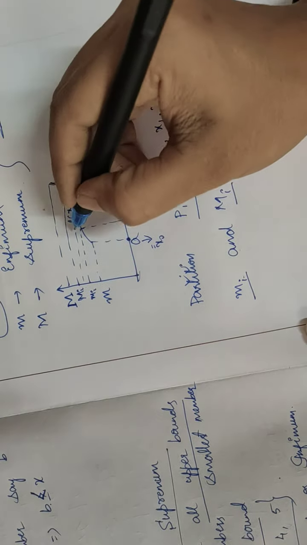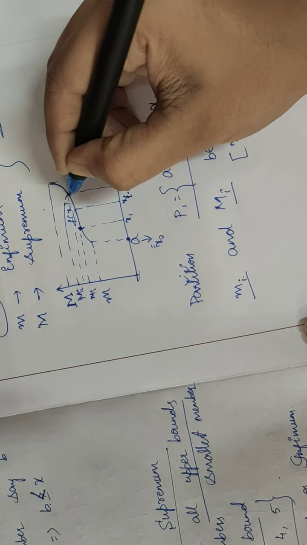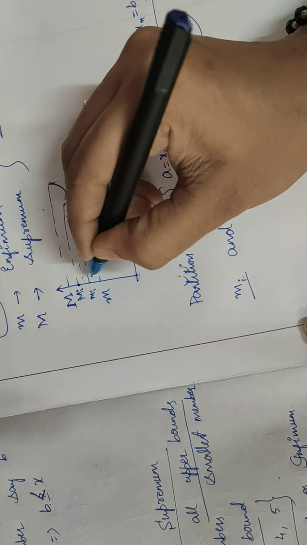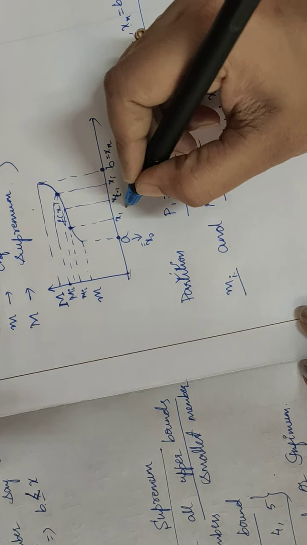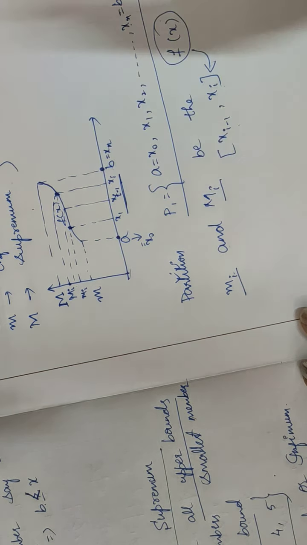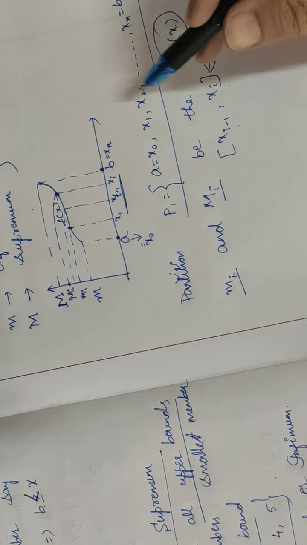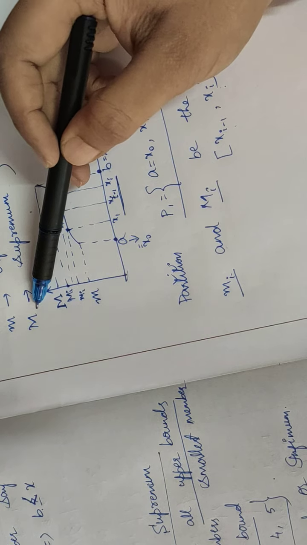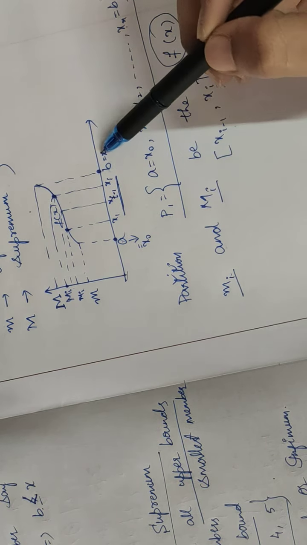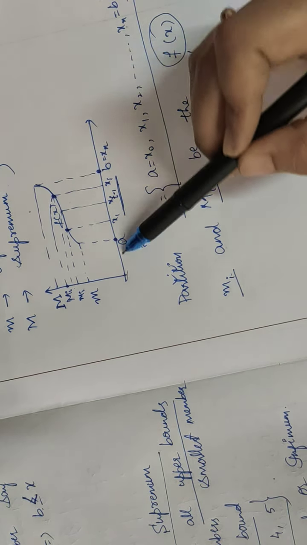You can observe here, right? Small mi and capital Mi are the infimum and supremum over the interval xi minus 1 comma xi for the function f of x, and just m and capital M are the infimum and supremum over the interval a comma b.